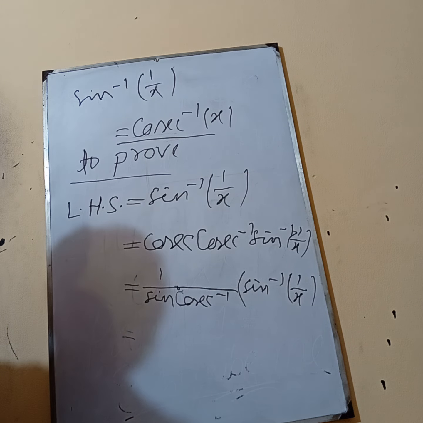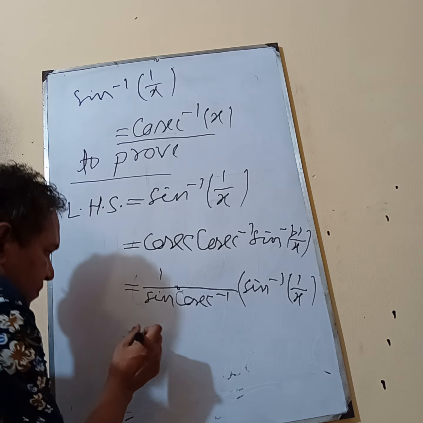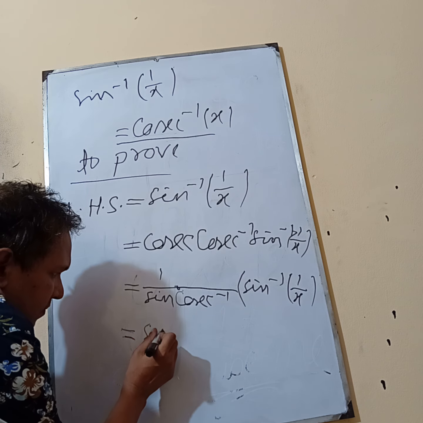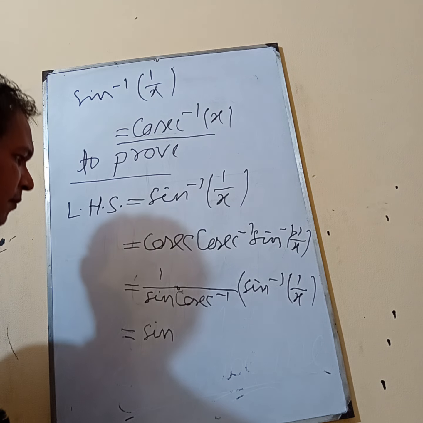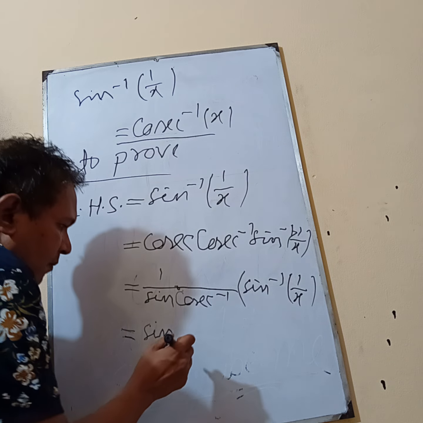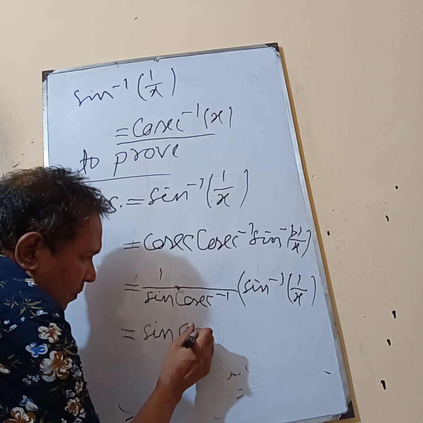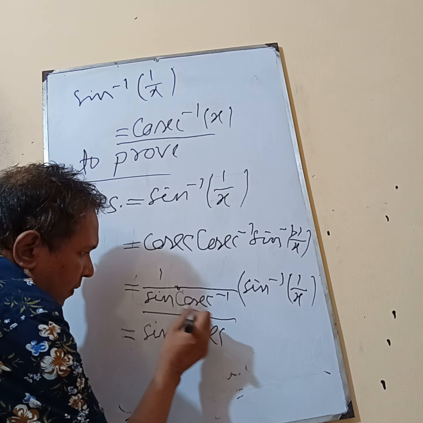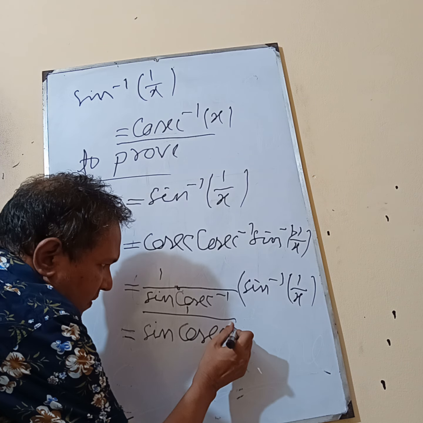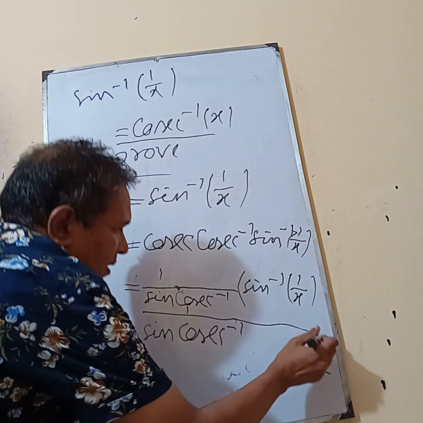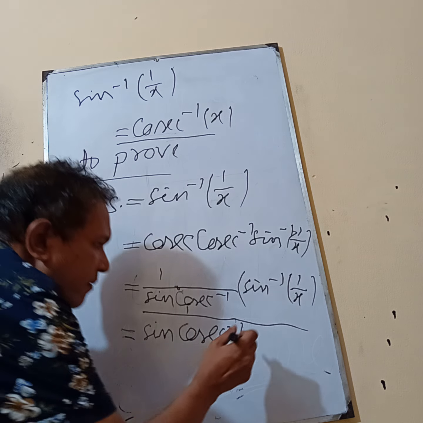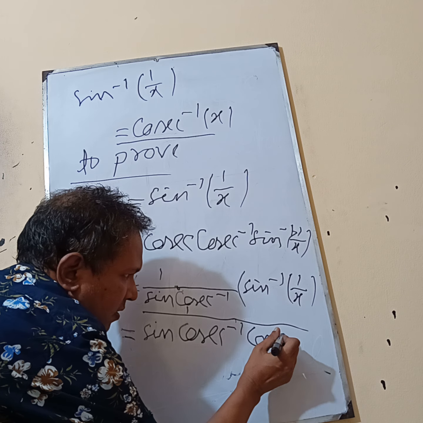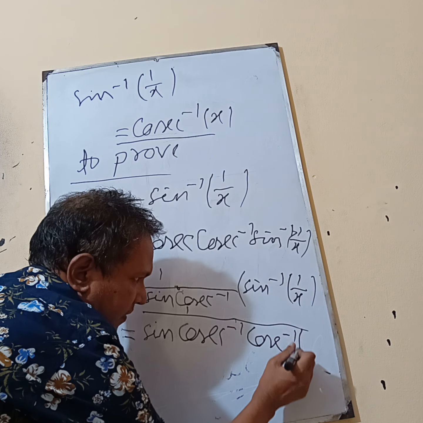So sine inverse of cosec inverse x is equal to cosec inverse x.